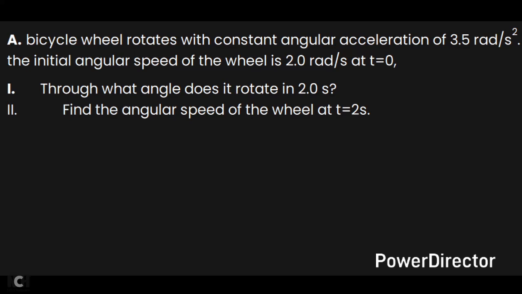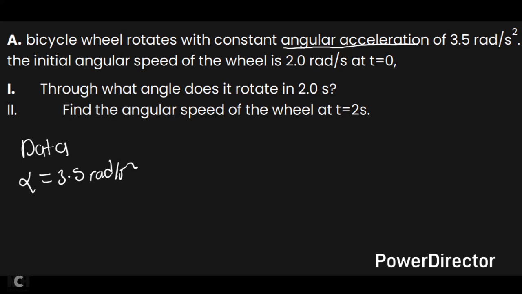So the first thing that you have to do is get the data. In this situation, you have the angular acceleration, so alpha is 3.5 rad per second squared.